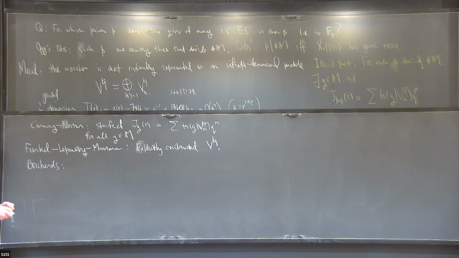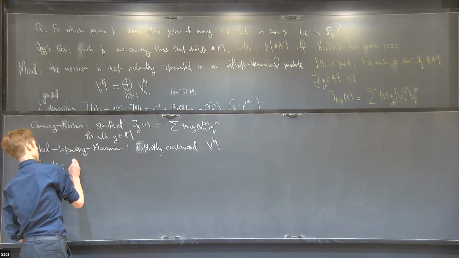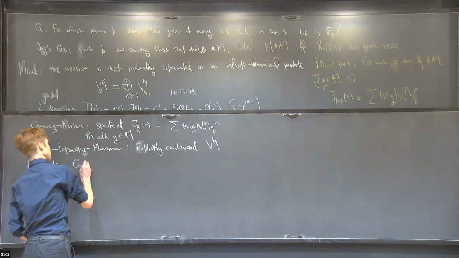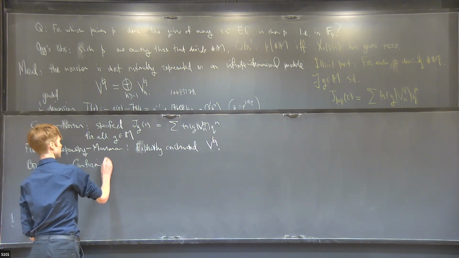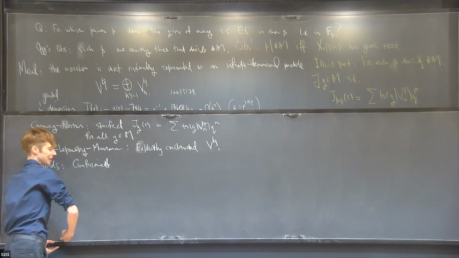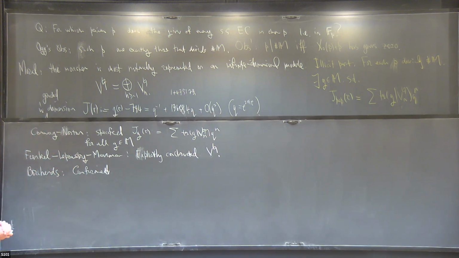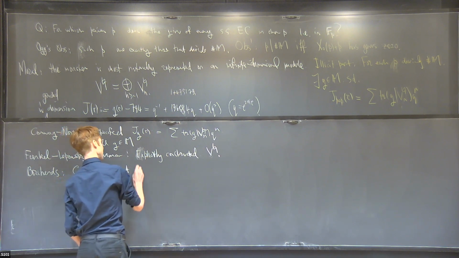It was an easy kind of by hand computation. And it turns out that the construction of FLM agrees with the predictions of Conway and Norton.